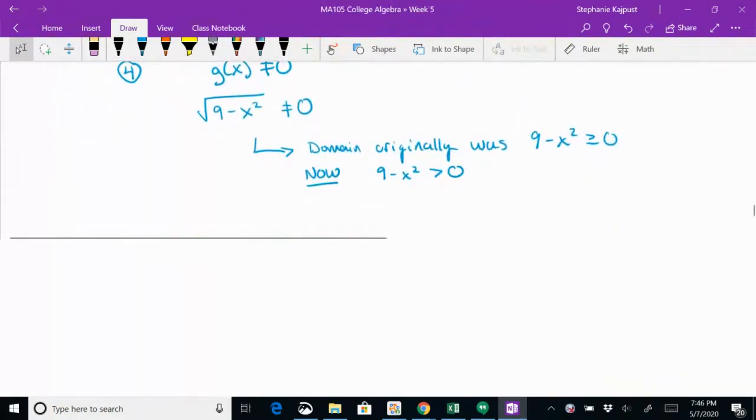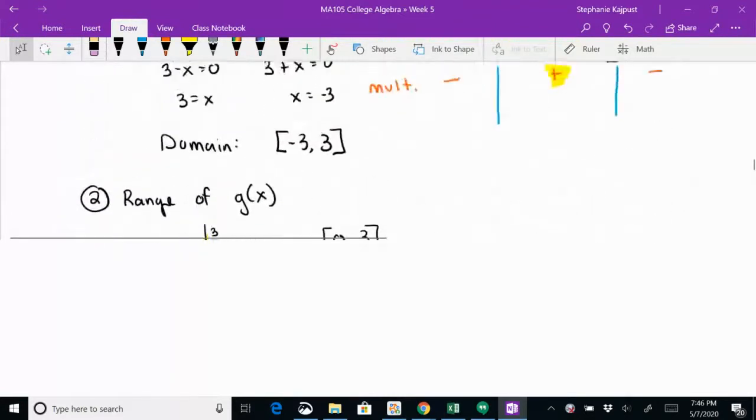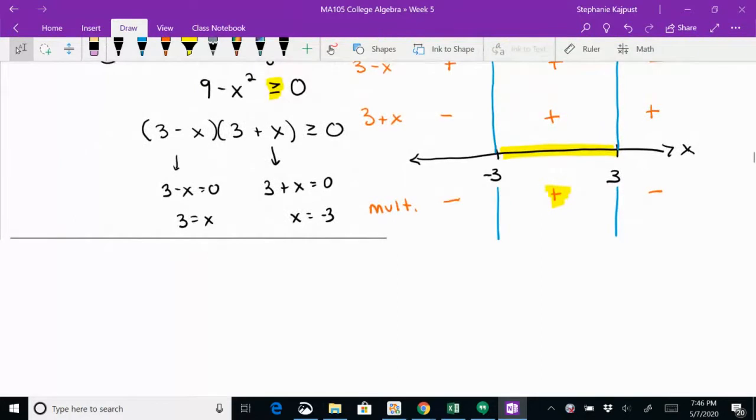So we go back to my sign chart here, and normally we're allowed to have our endpoints -3 and 3, allowed to plug those in. But because now those will cause us problems in f, we are not allowed to plug those numbers in.